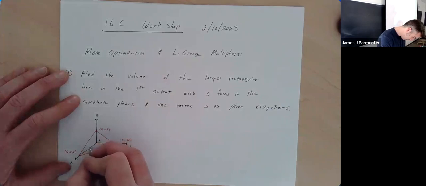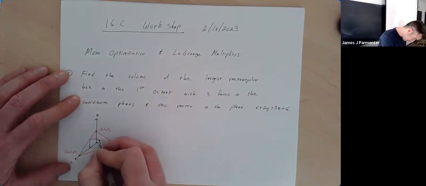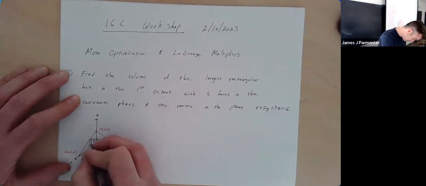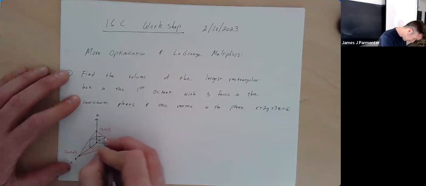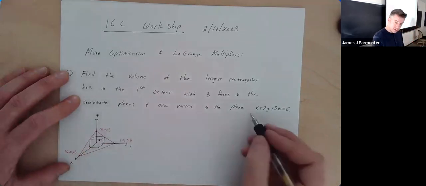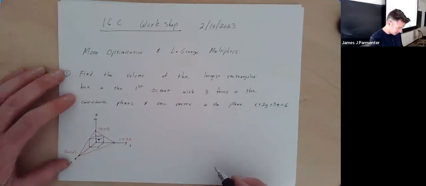Sorry, my drawing skills are bad. So like this. There's a little box, and that corner is on this plane x plus 2y plus 3z equals 6.